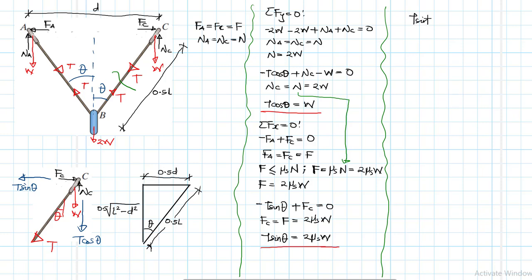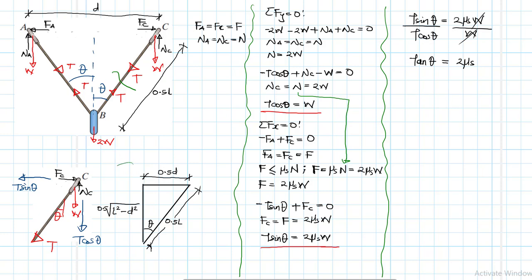So we have T sine theta is equal to 2 mu s W, then T cos theta is equal to W. So this W and this W go. Therefore, we have tan theta. We know sine theta over cos theta is tan theta, which is equal to 2 mu s.